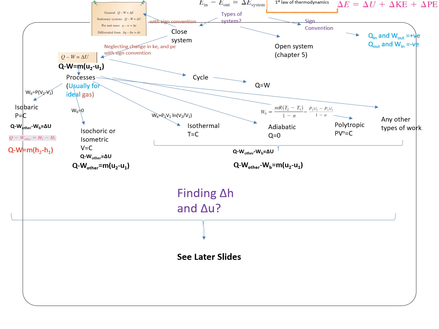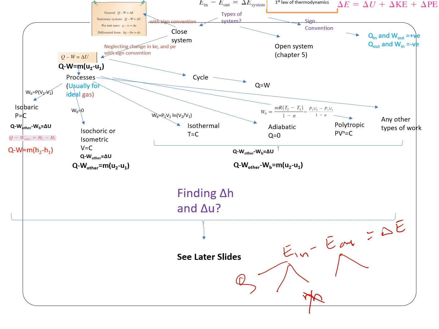Okay, so we'll start with the first law of thermodynamics for the closed system. For the closed system, the first law of thermodynamics is energy in minus energy out is change in energy, and this is in the total energy form. You can write it in specific energy form as well as power form. The possible ways by which you have energy in and energy out are Q and work transfer, and you have no energy transfer due to mass.